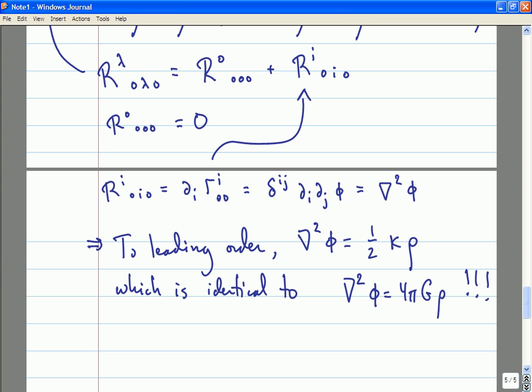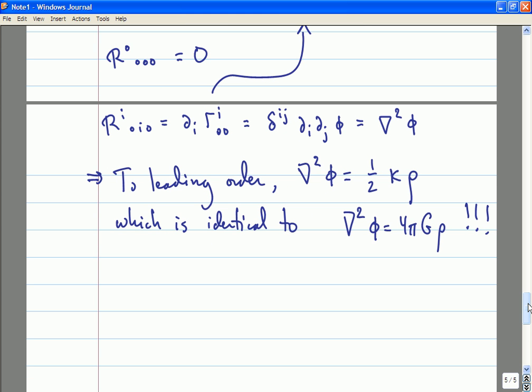We learn that the constant of proportionality kappa that we just introduced but hadn't really said anything about is nothing more or less than Newton's constant G. So kappa, the constant of proportionality appearing in Einstein's equation, is 8 pi times Newton's constant.